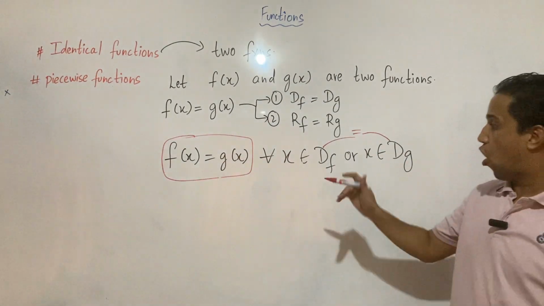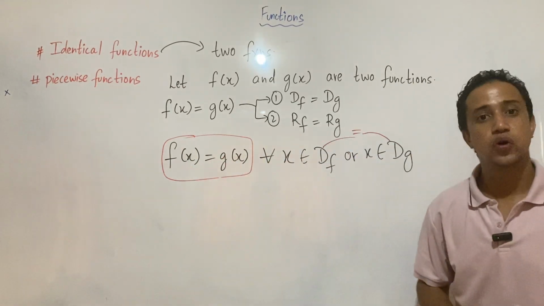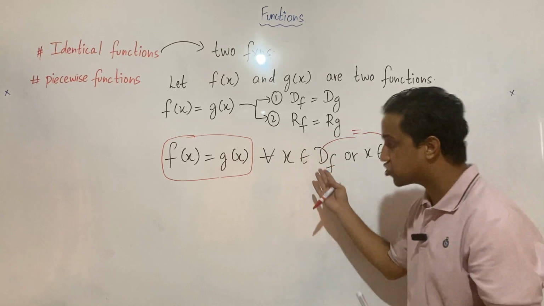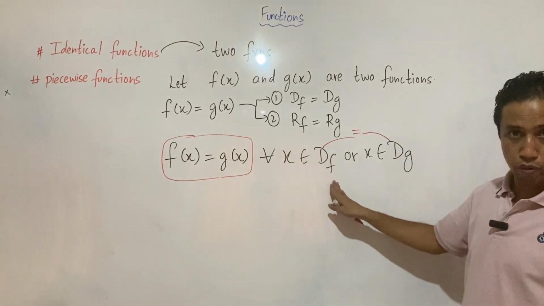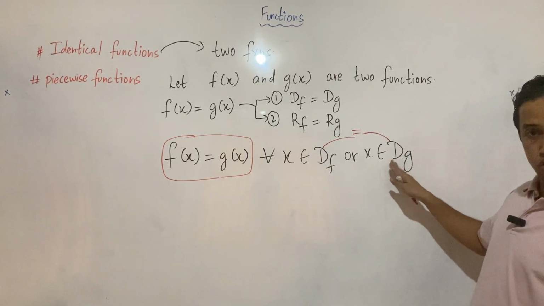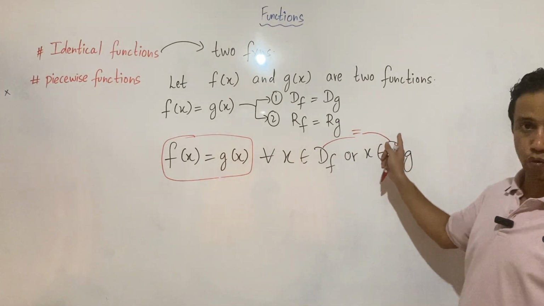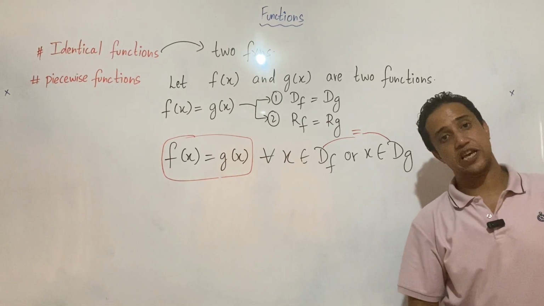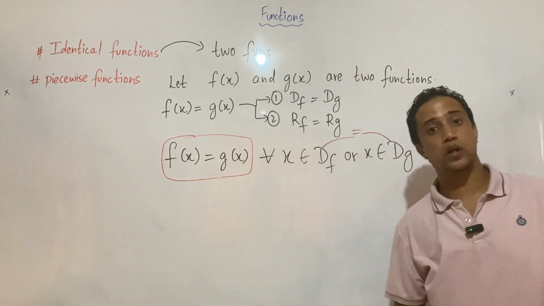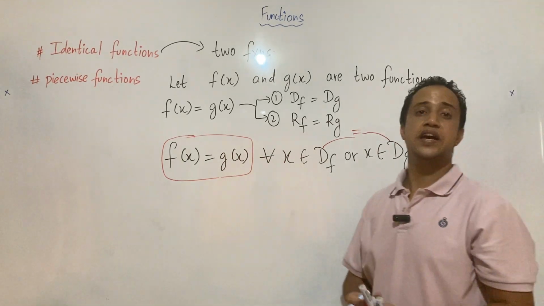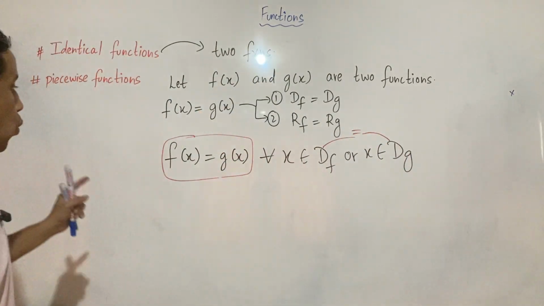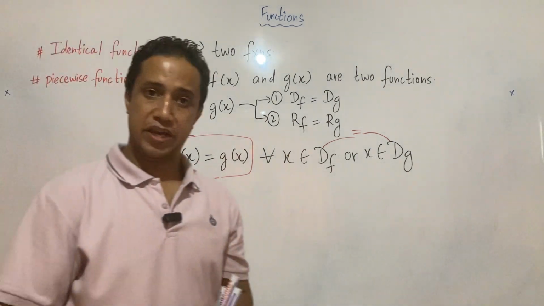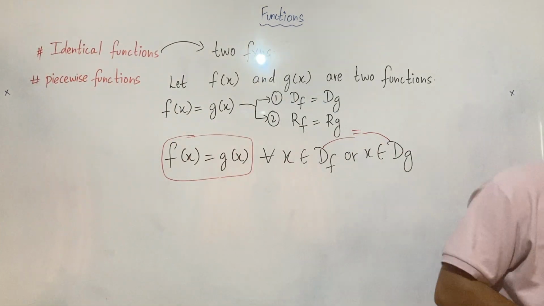Understand? x belongs to domain f and x belongs to domain g, and both domains are equal. It means that the domains are going to be equal, the ranges are going to be equal, and the functions are going to be equal. So that is what an identical function means. I hope this is clear to you.